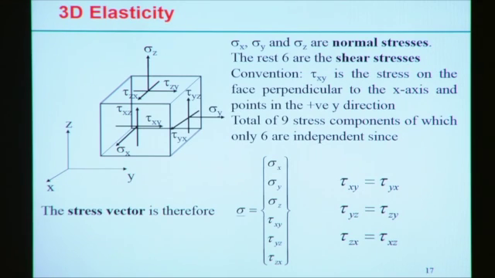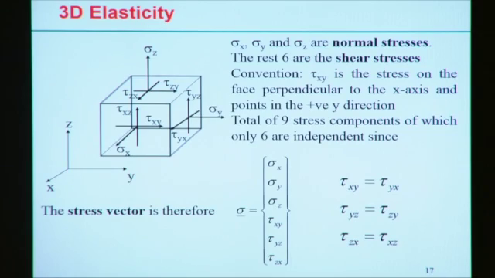But there are 9 stress components, out of which only 6 are independent, since the shear stress component tau xy is equal to tau yx, tau yz is equal to tau zy, and tau zx is equal to tau xz. Therefore the stress vector can be represented by 6 components: sigma x, sigma y, sigma z, and 3 shear stress components tau xy, tau yz and tau zx.